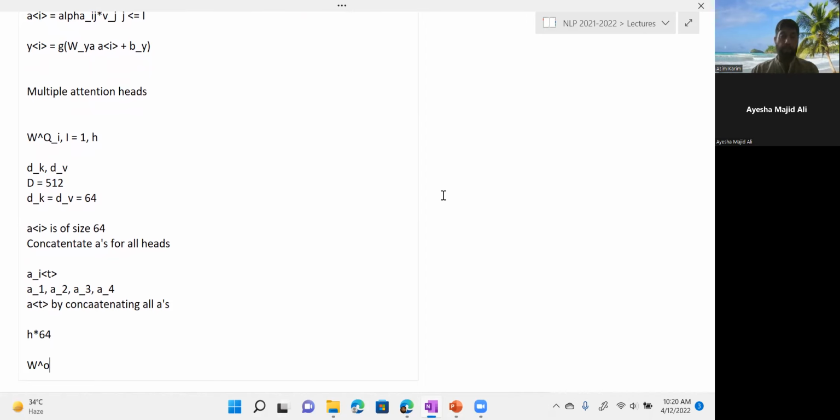But if you want to bring it back to original size D, you can then pass it through WO. So उस तरह बेसिकली आपके पास WO into A जो होगा वो आपको फाइनल A दे देगा. Of course WO would then be of size जो इनपुट था, आउटपुट आप डिजायर करें, आउटपुट साइज ऑफ कोर्स वुड बी D.